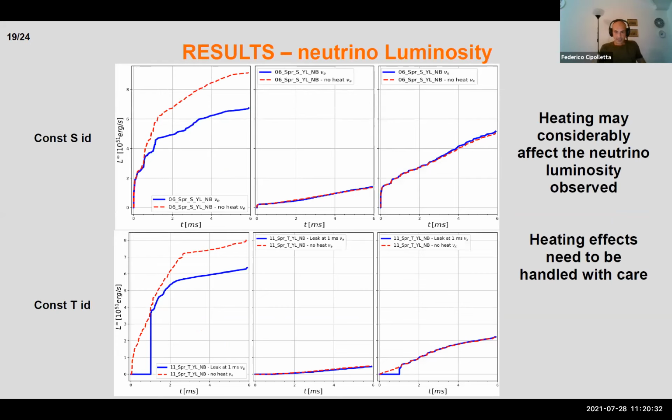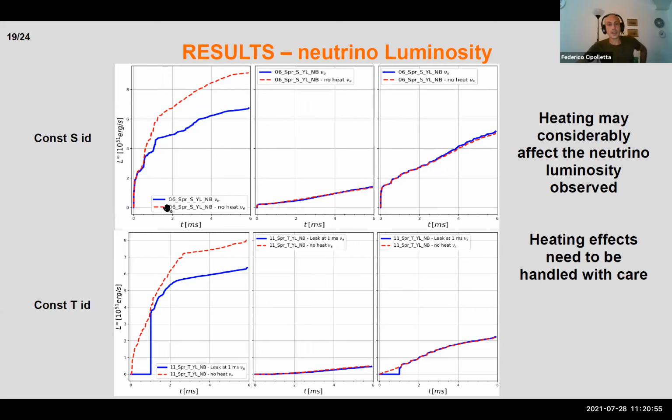Those are other results for the neutrino luminosities, comparing simulation without the reabsorption of neutrinos, so without heating, that is the blue curve, and with the reabsorption of neutrinos, so with the heating in the dashed red curve.